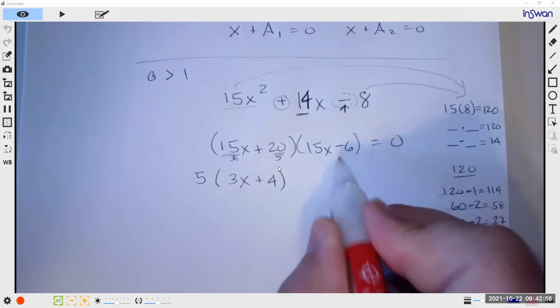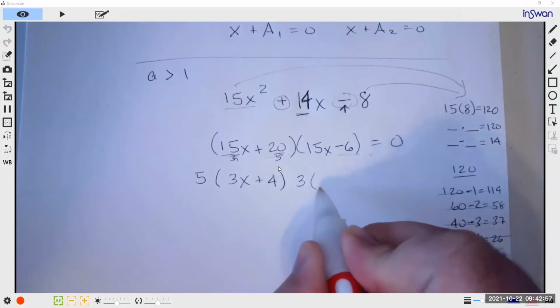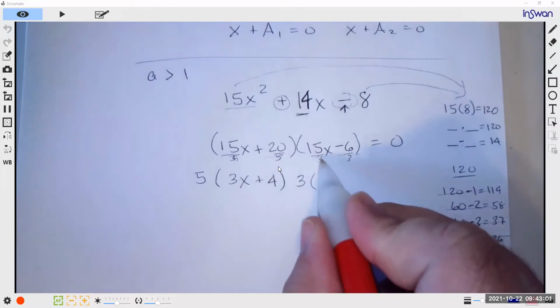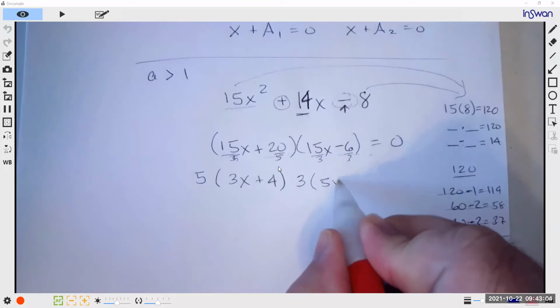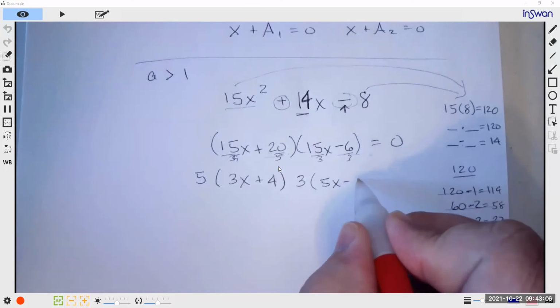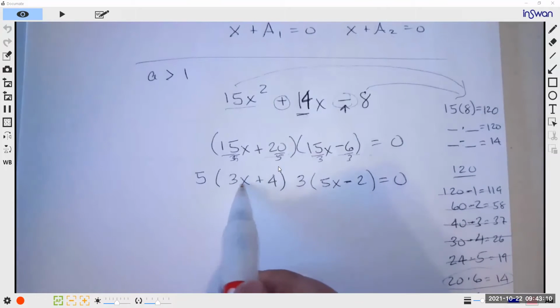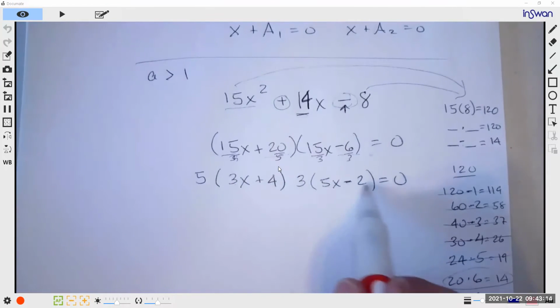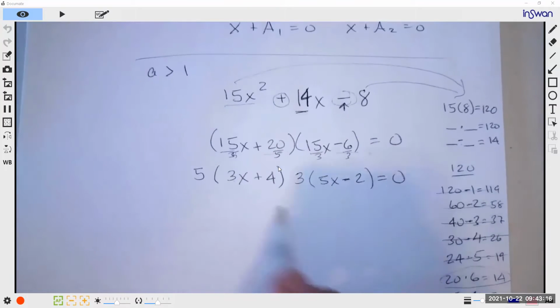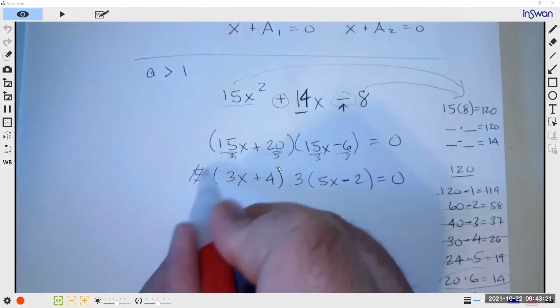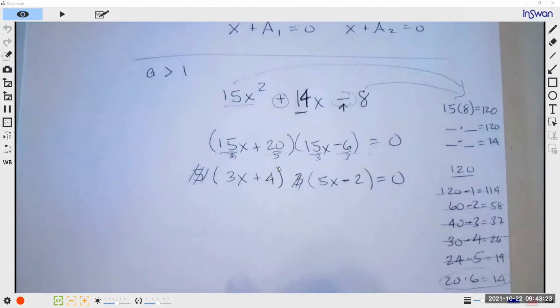The next one, they both have a 3 in common. Divide by 3. 15 divided by 3 is 5x. 6 divided by 3 is 2. They can't go any further; 3 is a prime number, doesn't go into 4. And so that's as far as it goes. Now, whatever we took out, we remove.